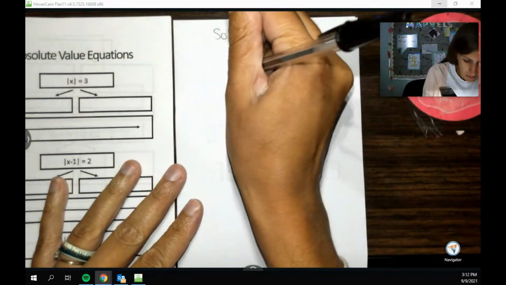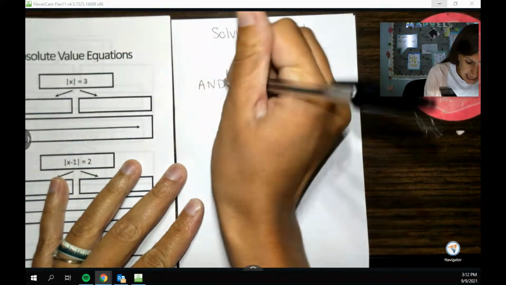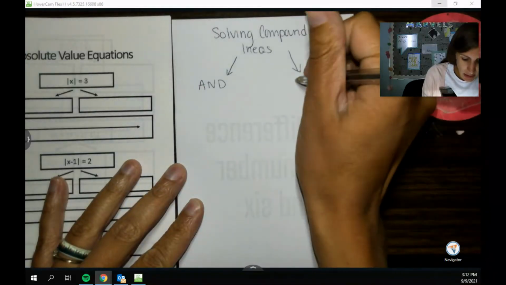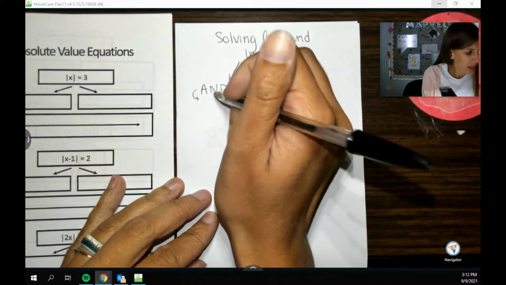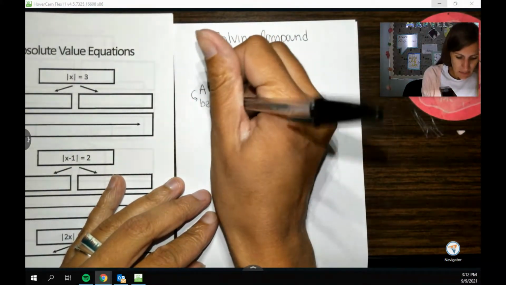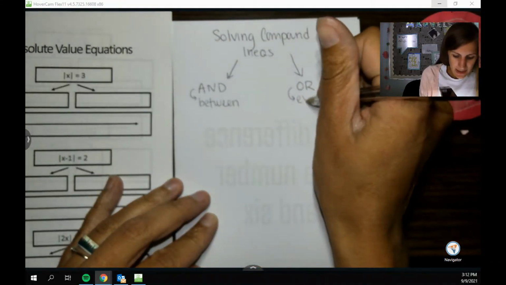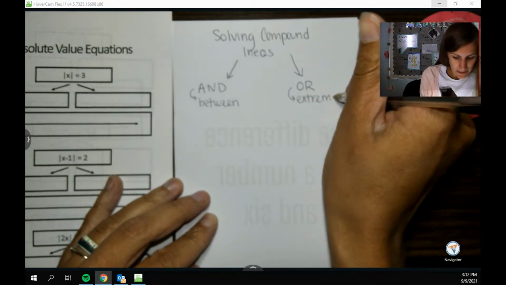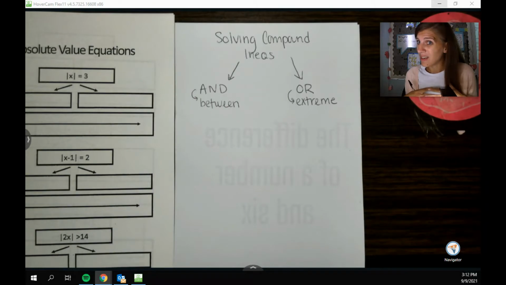So a compound inequality might be an and compound inequality, or it will be an or compound inequality. And we sometimes call our and inequalities the between stuff, and our or inequalities the extreme stuff. So like the real life example I always like to give here, because compound inequalities are kind of weird, is if we think about the age of teenagers.